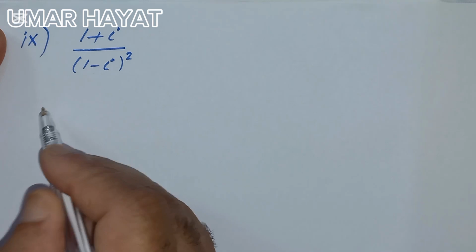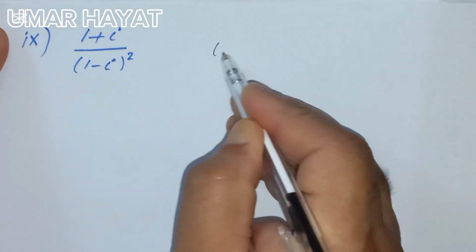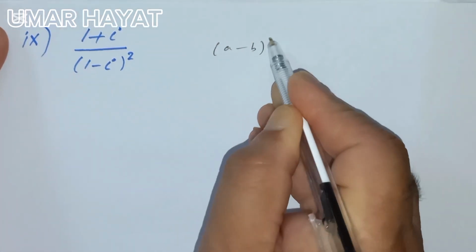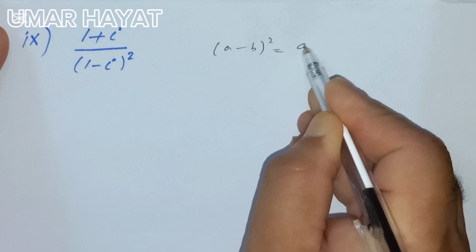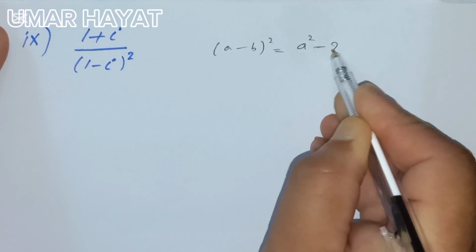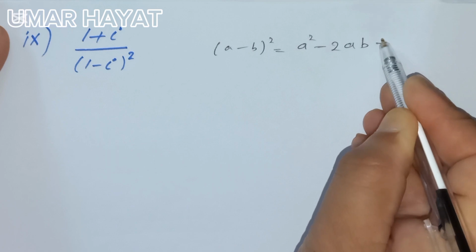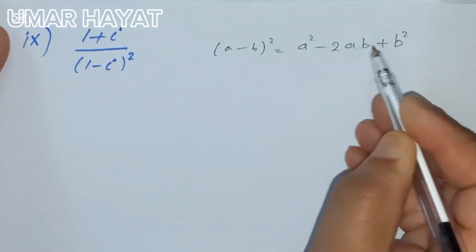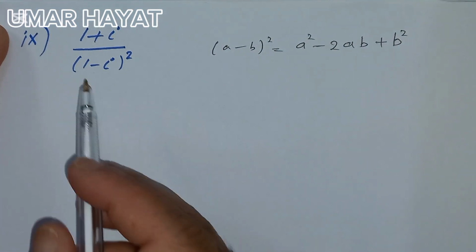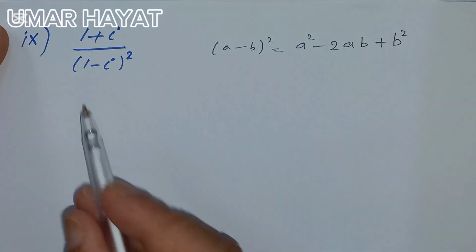First of all, by using this algebraic identity, (first term minus second term) whole square is equal to first term square minus 2 into first term multiply second term plus second term whole square. By this algebraic identity we will expand this denominator.